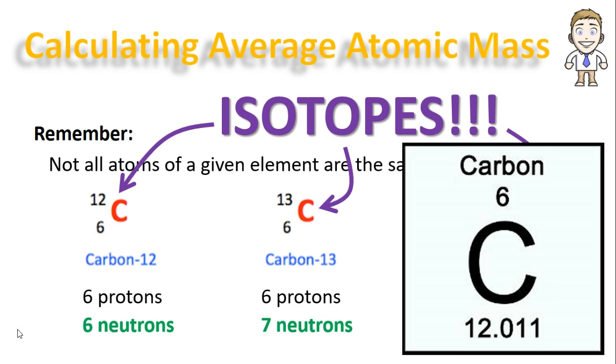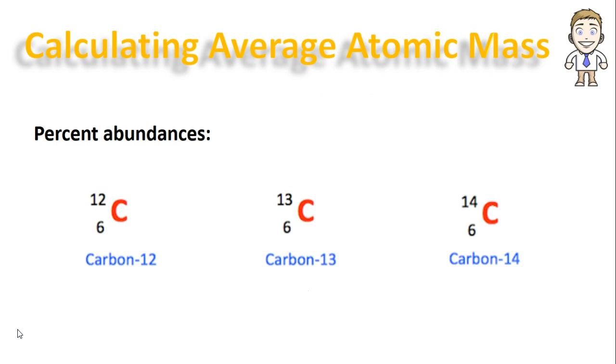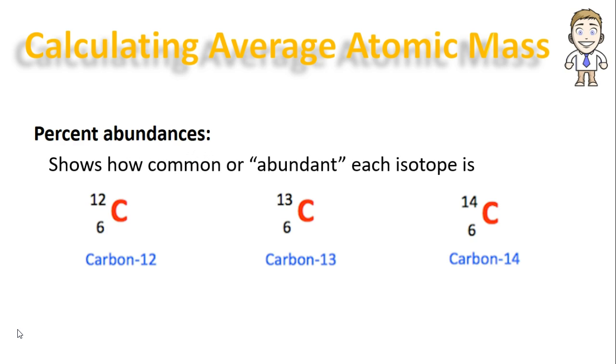Now before I show you how to do the actual calculation part, let's take a look at one more piece of information you need to be familiar with, and that's this idea of percent abundances. A percent abundance simply shows how common or abundant each isotope is. Carbon-12, for example, on the left has a percent abundance of 98.9%. That means of all the naturally occurring carbon atoms, 98.9% of those carbons are carbon with a mass of 12.